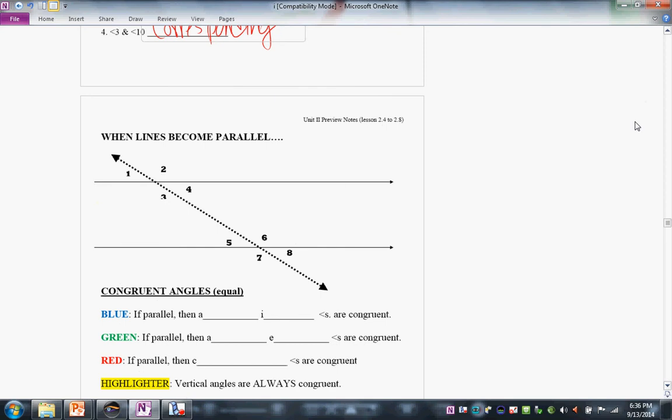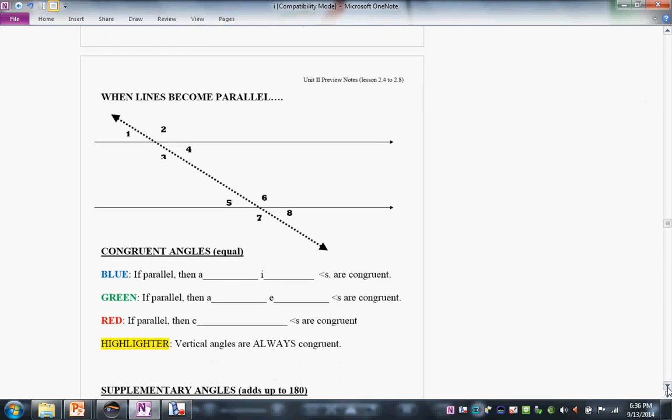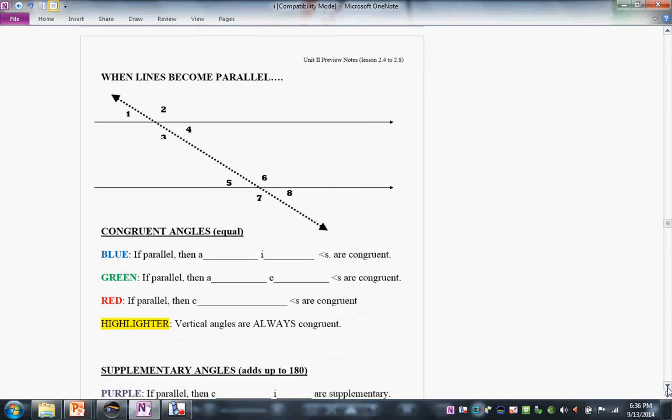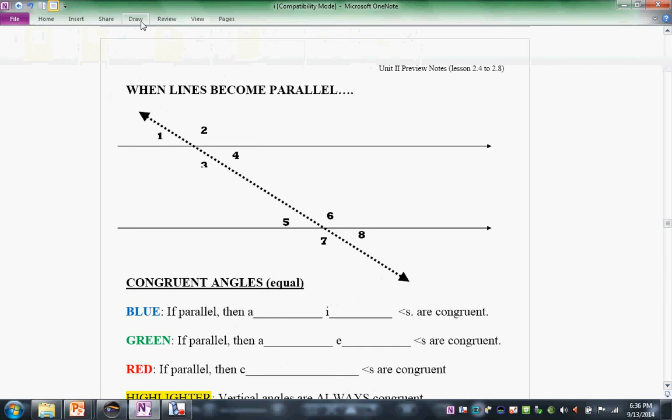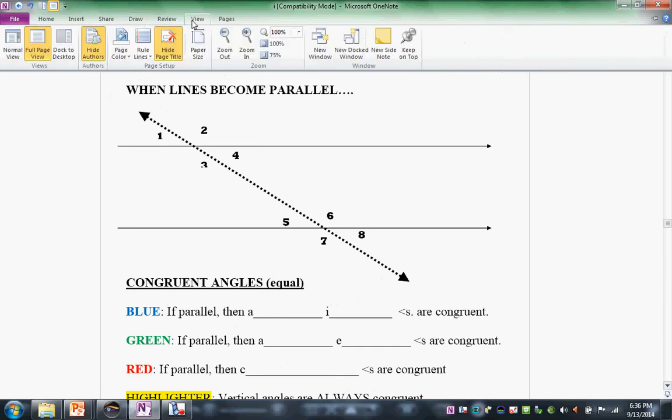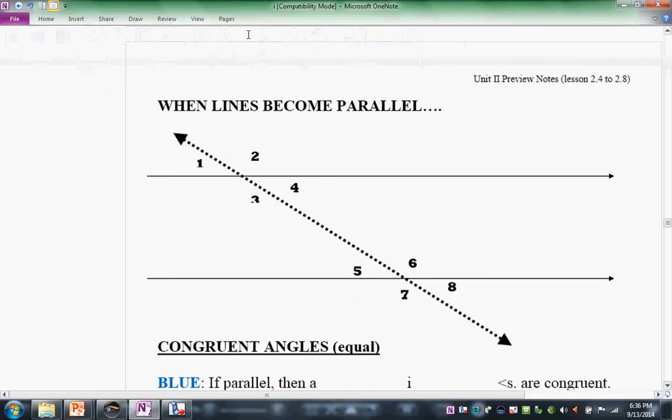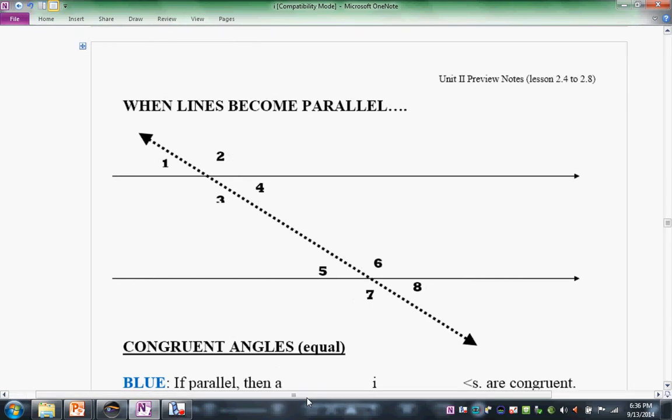All right, now when lines become parallel, all these angles have a certain relationship. When things are parallel, we put these little arrow feathers on there.